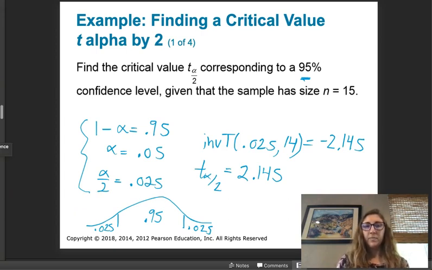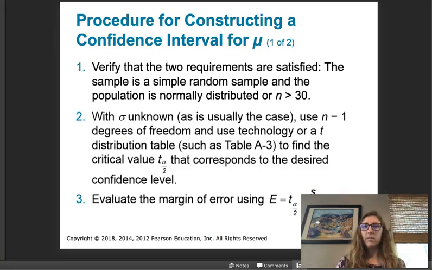All right, so now let's talk about constructing a confidence interval. What we're doing here is using our sample mean, our x bar, as a point estimate for mu, our population mean. So again, you are going to verify your requirements.